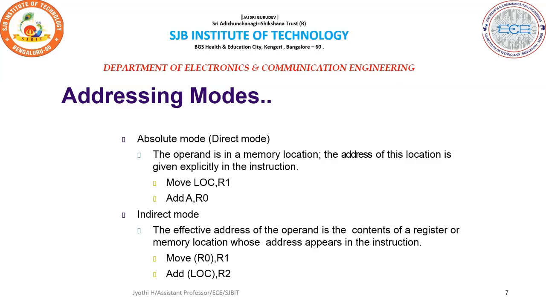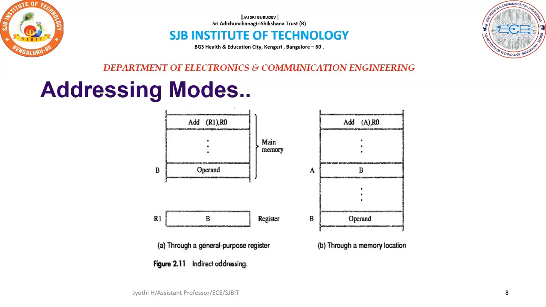Next, A comma R0. Indirect is where the effective address of the operand is the content of a register or memory location whose address appears in the instruction. For example, Move R0, R1, and Add (R2), R1 with parentheses around the register. This is the indirect addressing mode.